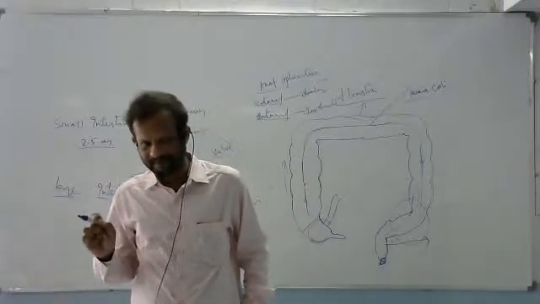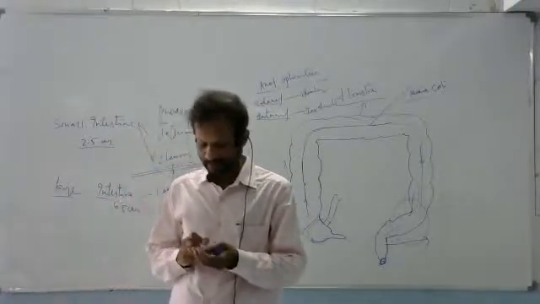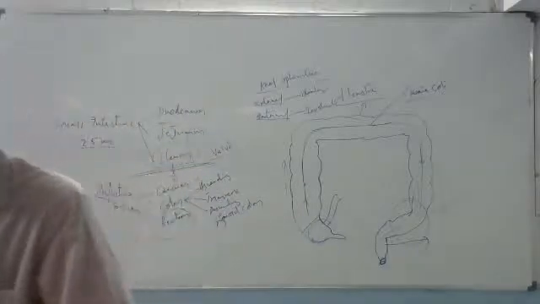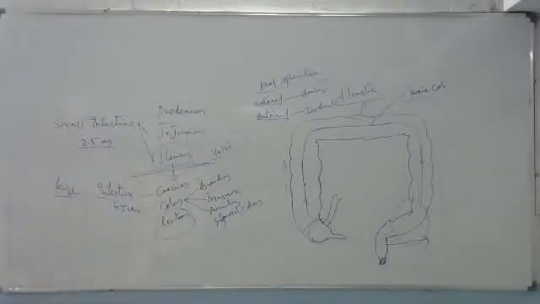Did you understand? If you have any doubts, please post and clarify. In the oral cavity, after mastication, the food is called bolus. In the stomach, after partial digestion, it is called chyme.